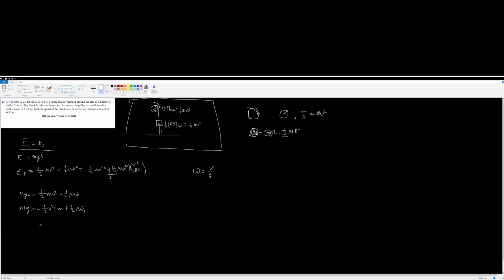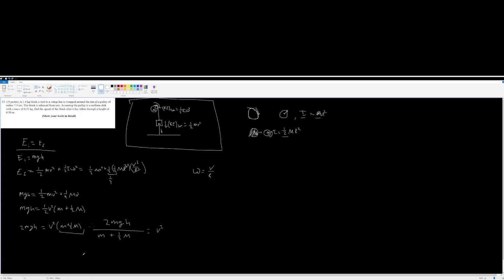So then we have 2mgh equals v squared times m plus 1/2 capital M. Therefore, we have that 2mgh all divided by m plus 1/2 capital M, if we divide by this part on both sides, equals v squared.